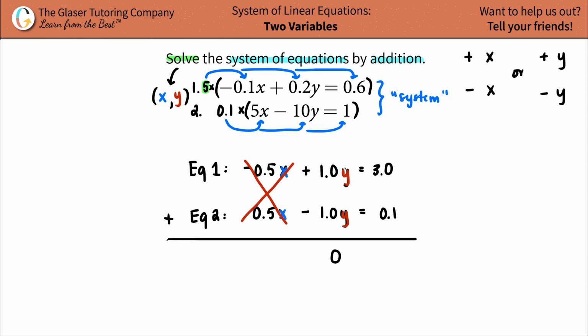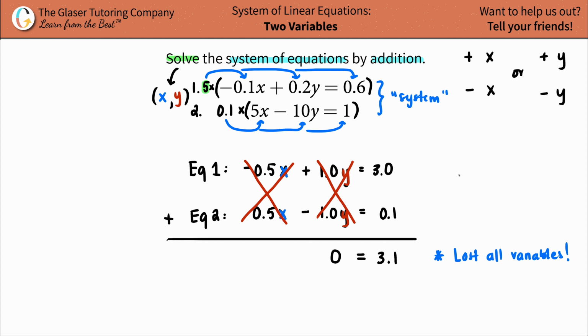And if that's the case, you lose your variable. We lost both of our variables here. There's nothing on the left side. Now, if we come over to the right side, 3 plus 0.1, that's 3.1. So the main thing here to notice is that you have lost all variables.